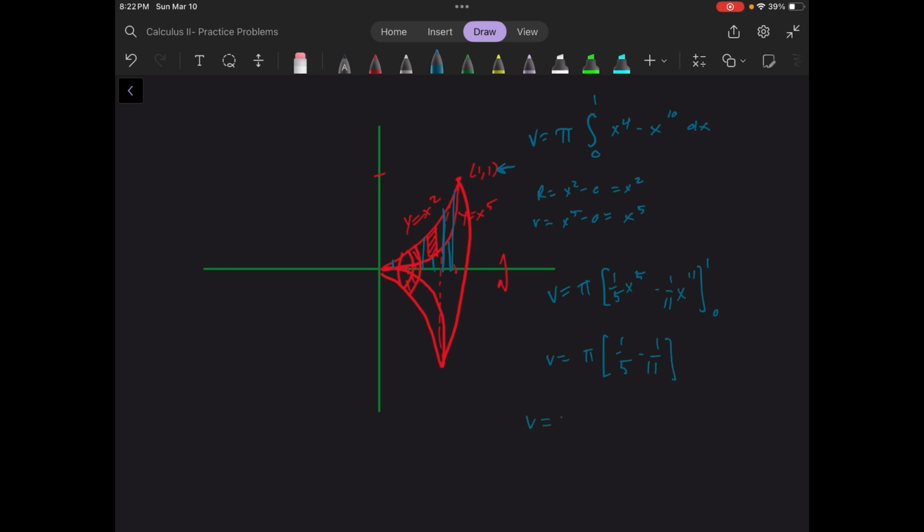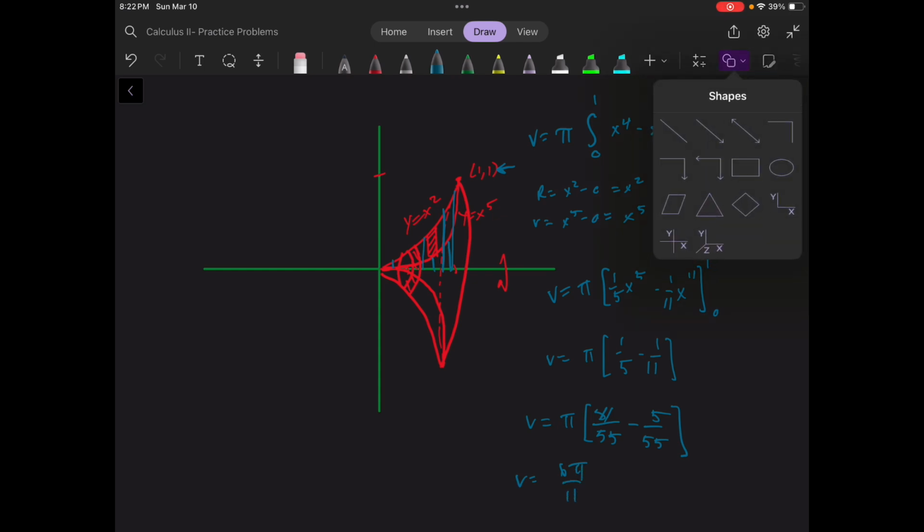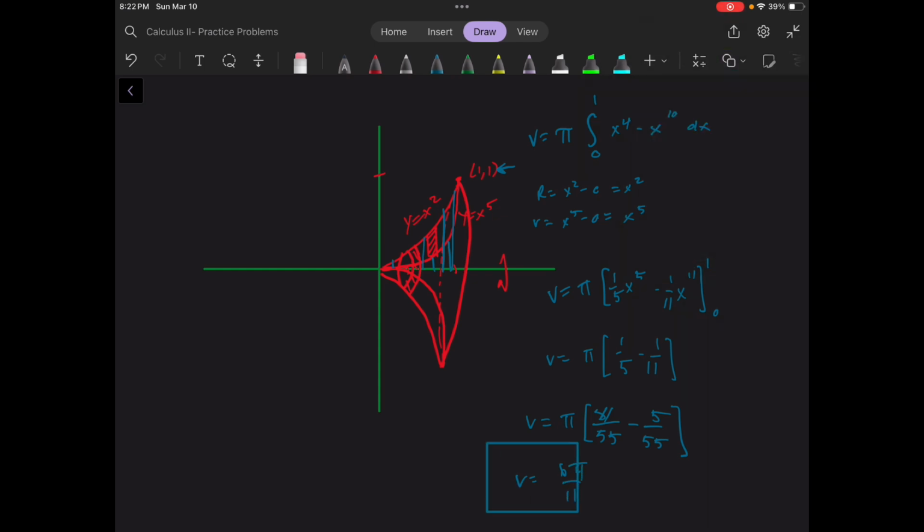And let's get a common denominator. Let's do 11 over 55 minus 5 over 55. So finally, volume equals 6π over 11. That was the final answer.